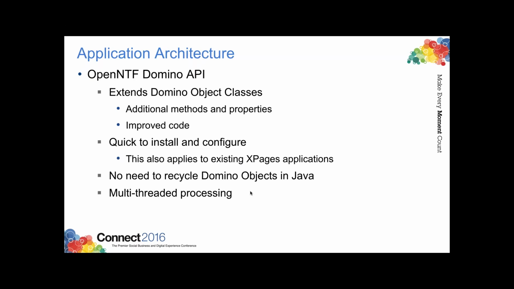Once I had done that, I started going into my Java design elements and my classes, and I started replacing the library references to reference the OpenNTF Domino API. When I did a build on the design, the funny thing happened. I started receiving errors all over the place.